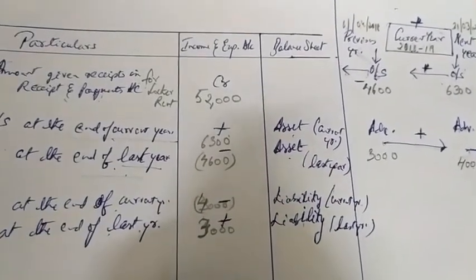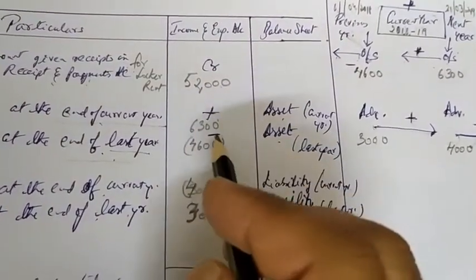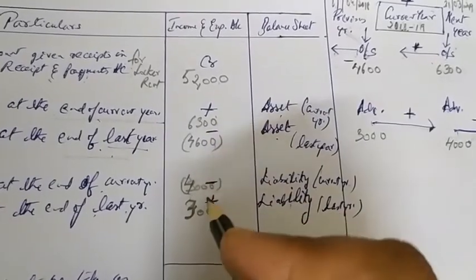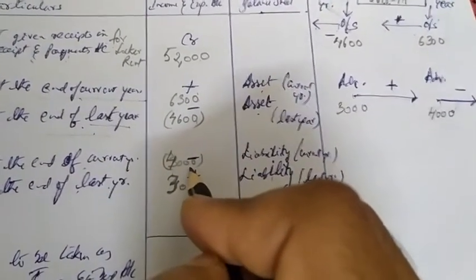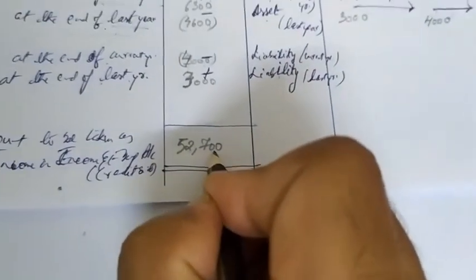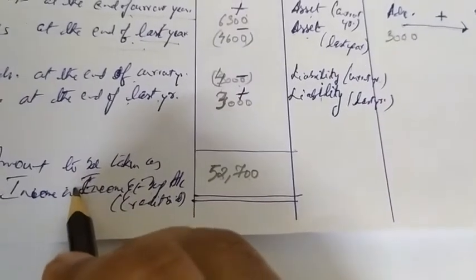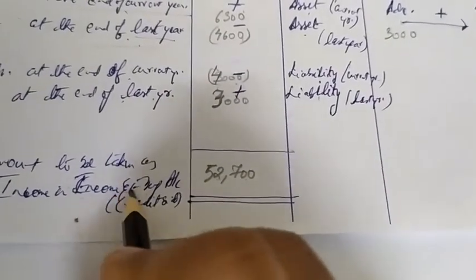So as we compute this amount by adding 52,000, 6,300 and 3,000, then deducting the total of 4,600 and 4,000 from that total, your amount of locker rent to be credited to income and expenditure account is 52,700. This is the amount we have to take as income from locker rent, which is recorded in the credit side of income and expenditure account.